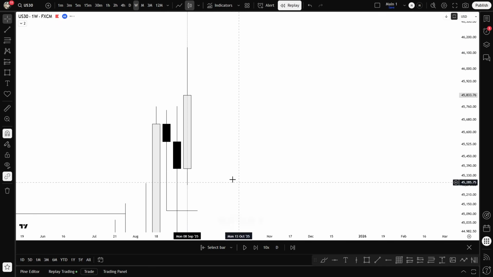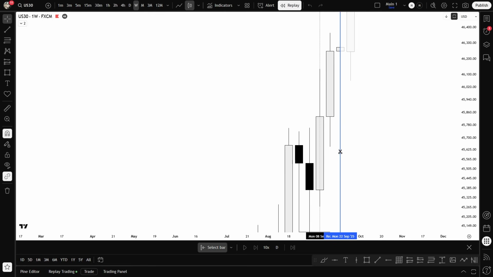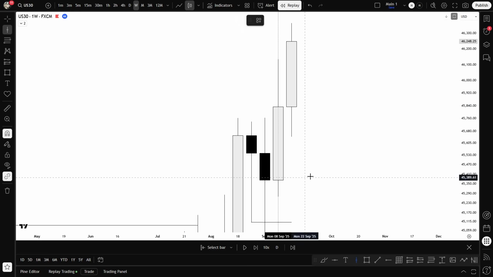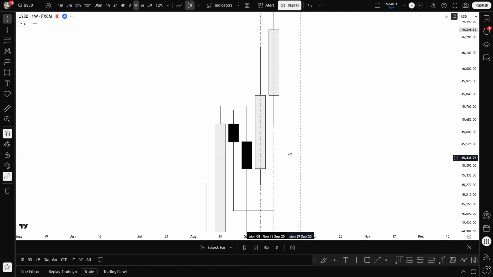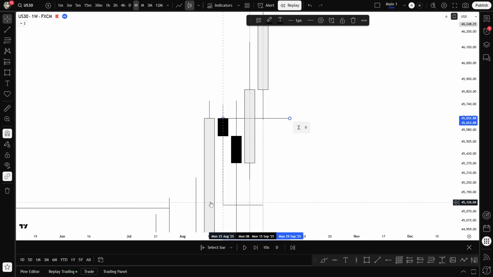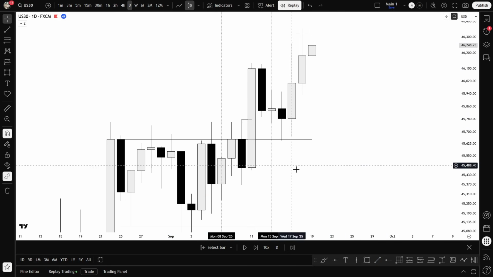Then the next week comes in, and we do the same thing. For the next week, we have the key level, the opening price.